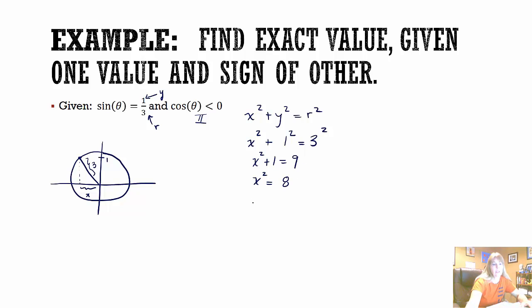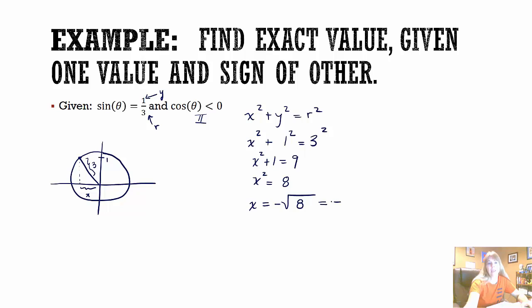I'm going to take the square root. Now notice my x, my cosine, I can already see over here, has to be negative. We always talk about when you take a square root, you really should be doing plus or minus. Well, which one is it? In this quadrant, it's minus, so that's why that's important.